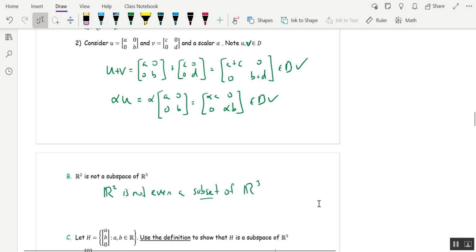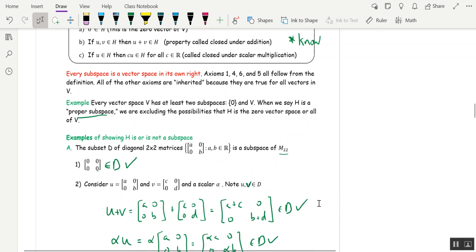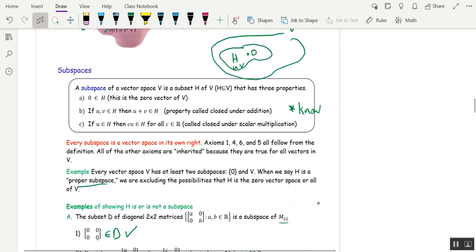So let's go back and look at the definition of subspace. It's a subset of a vector space V. So the elements in H, first and foremost, have to live inside of V.